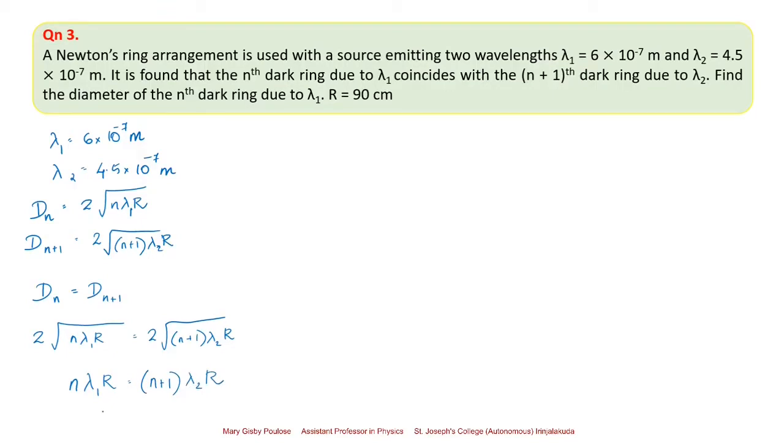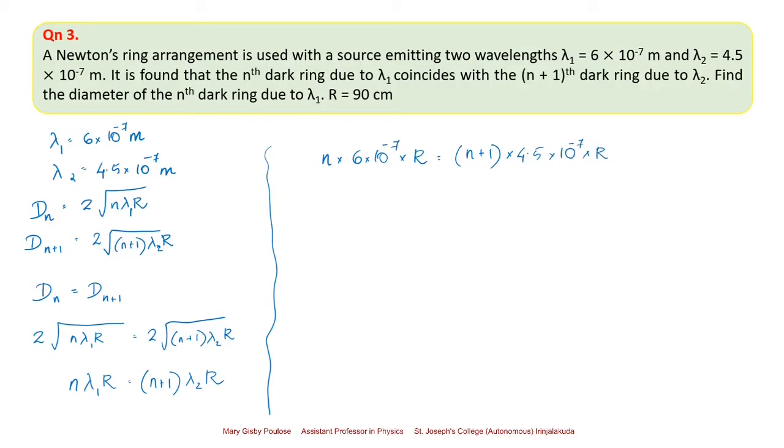Let us substitute the values here and try to find out the expression for n. So here I have n into 6 into 10 raised to minus 7 into r, which cancels out on both sides, and is equal to n plus 1 into 4.5 into 10 raised to minus 7 into r.